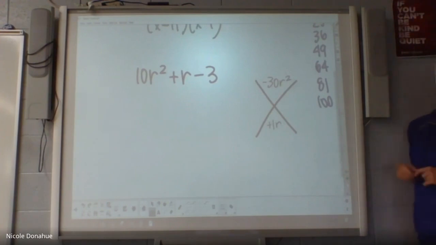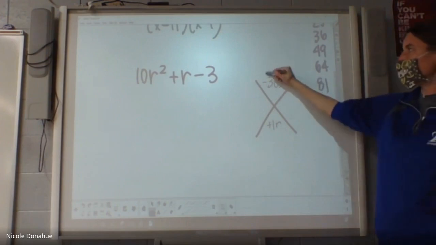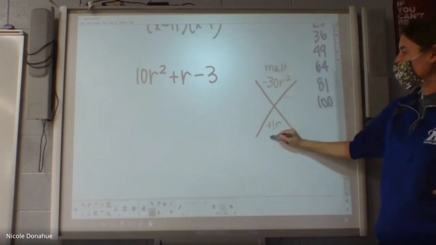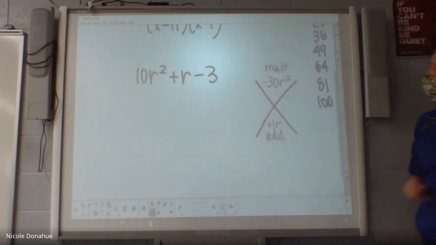All right. So we want to multiply to get this top number, but add to get the bottom. Multiply to negative 30, but add to 1. 5 and 6.